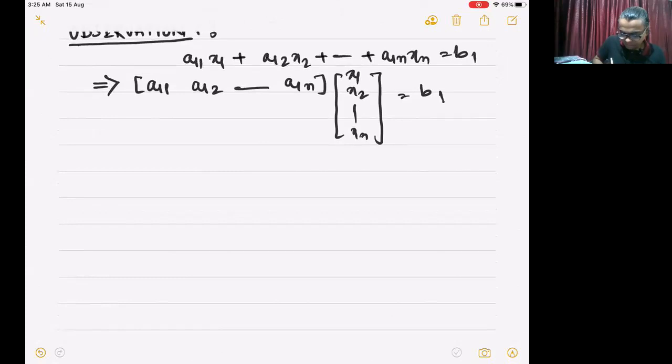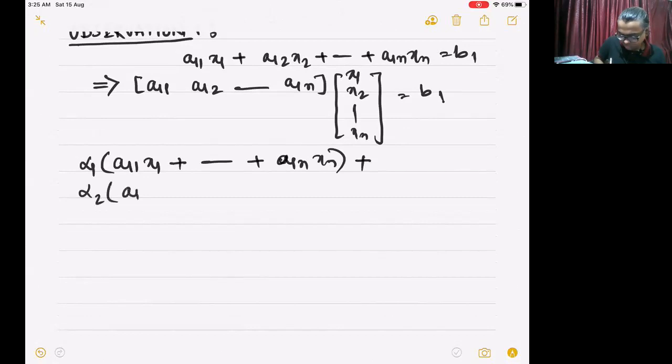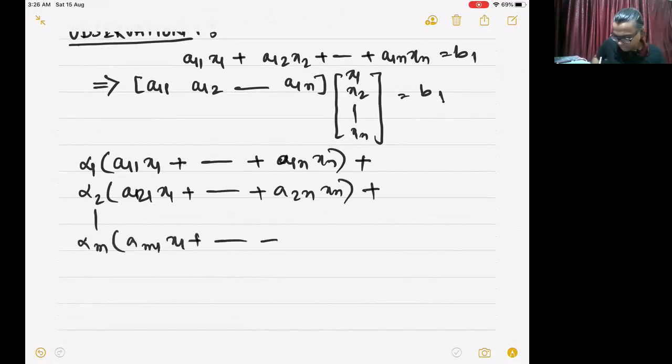Which then means that when I have a linear combination of the type alpha 1 into (a11 x1 plus dot dot dot plus a1n xn) plus alpha 2 into (a21 x1 plus dot dot dot a2n xn) plus dot dot dot plus alpha m into (am1 x1 plus dot dot dot amn xn) equal to alpha 1 b1 plus dot dot dot up to alpha m bm.